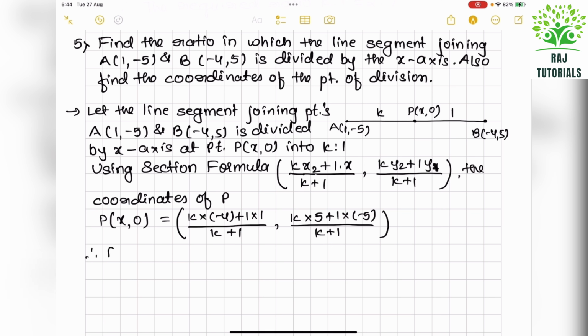So therefore P (x, 0) will be equal to (minus 4k plus 1) by (k plus 1), comma, (5k minus 5) upon (k plus 1).